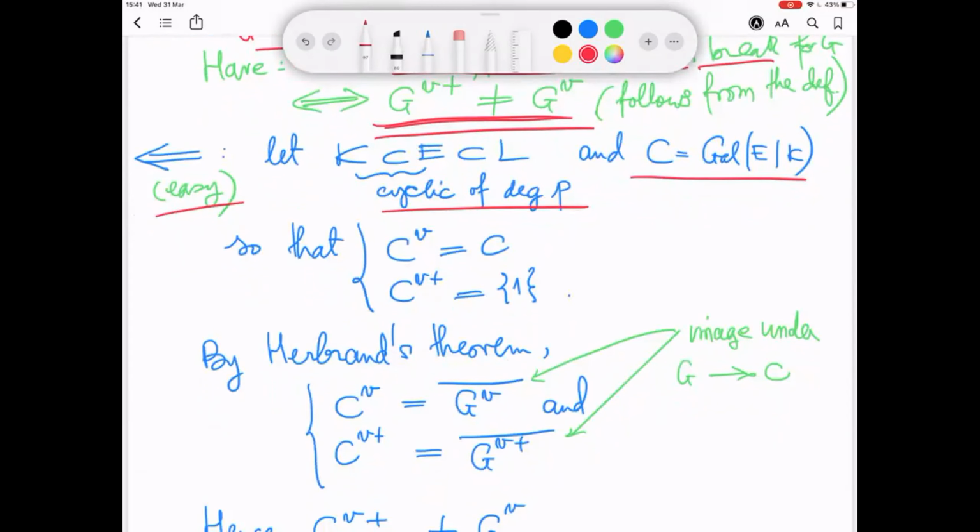And v is an upper ramification break for C means that C^v is equal to C, but C^{v+} is the trivial group.